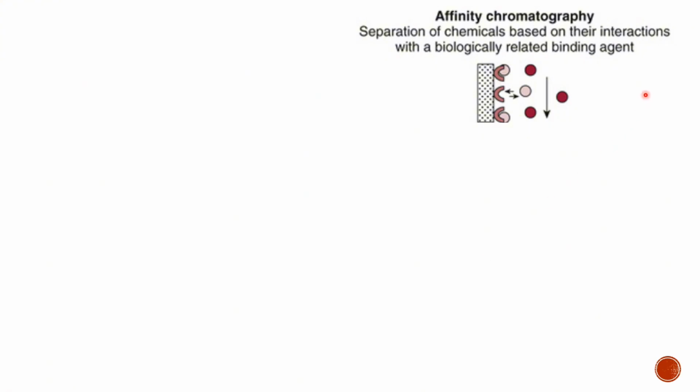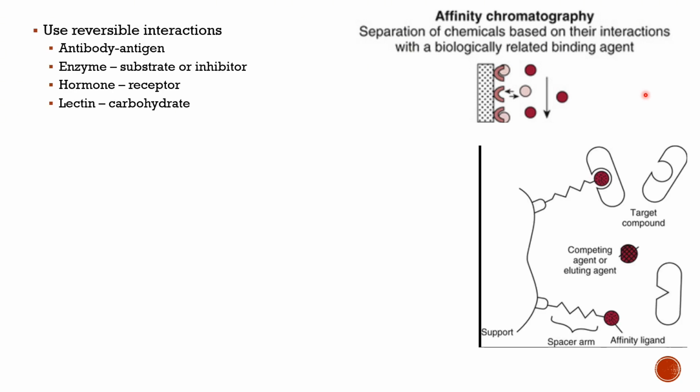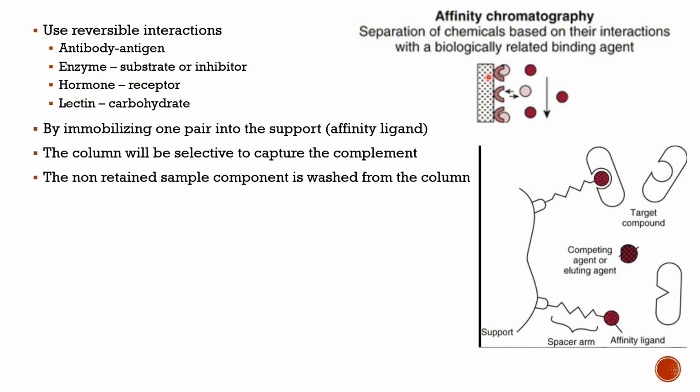Affinity chromatography: here the separation of chemicals is based on the interaction with a biologically related binding agent. Here they will add an affinity ligand that will bind to the stationary phase. It can give us antibody interaction, enzyme with substrate or inhibitor interaction, hormone with receptor, or lectin and carbohydrate.